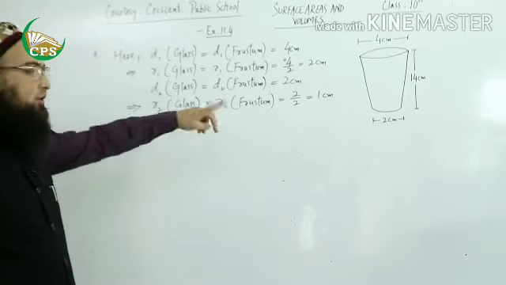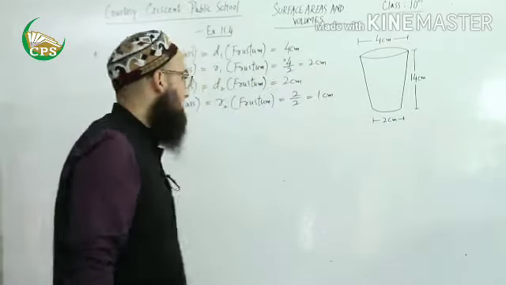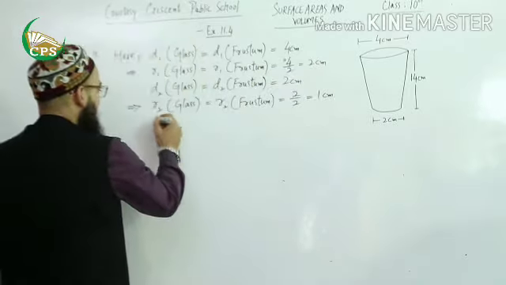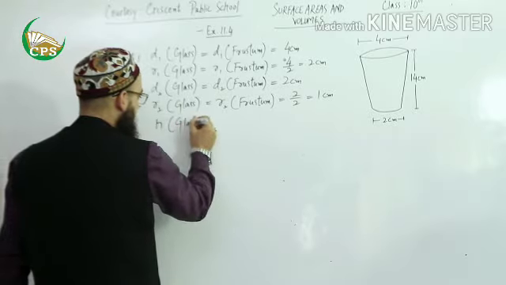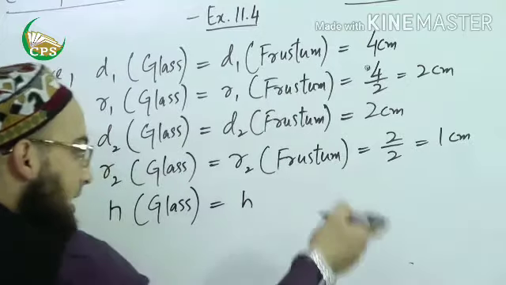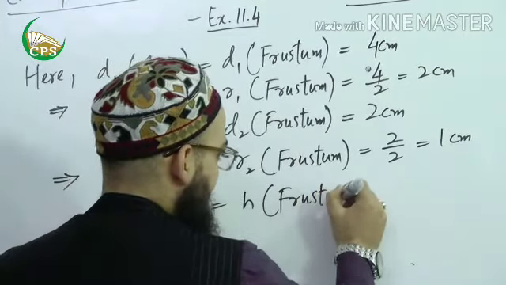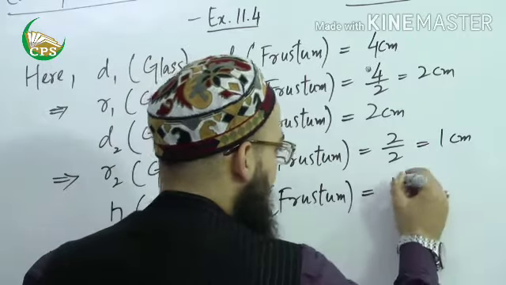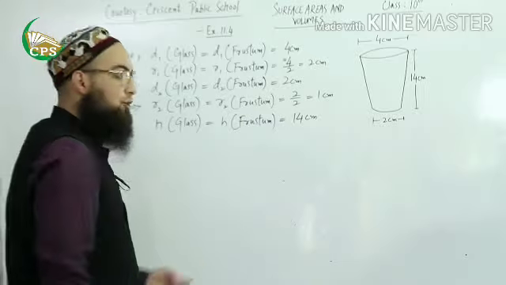So we have both the radii, upper radius 2 centimeter and the lower radius 1 centimeter. Also height is given, the height of glass, that is the height of frustum, that is equal to 14 centimeter. Got it?